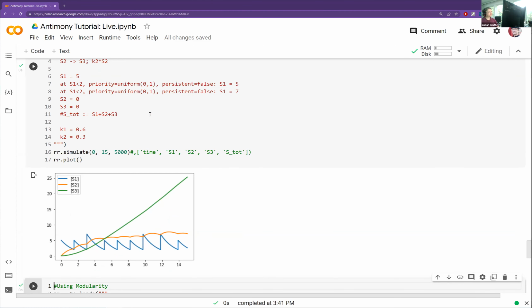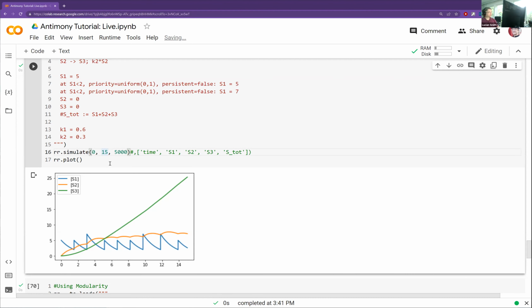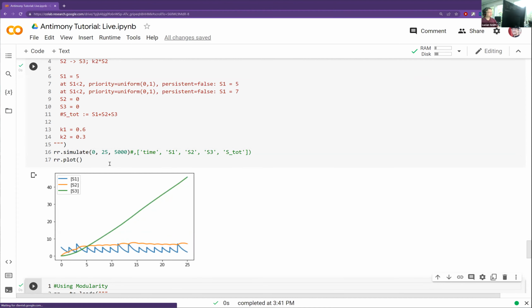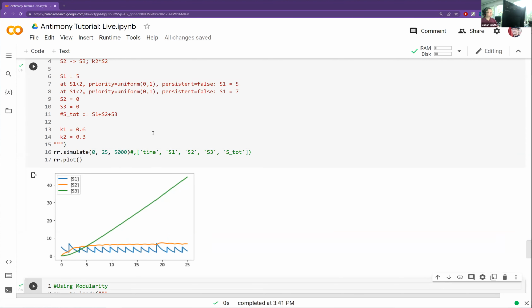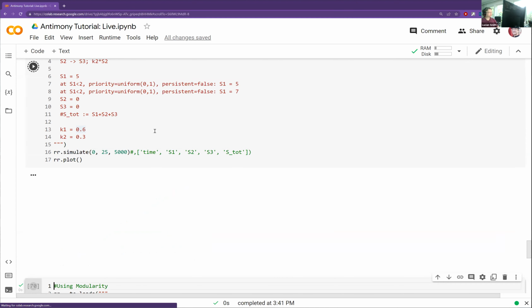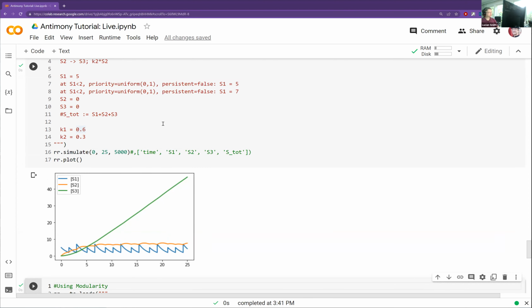And now you'll see it is indeed switching between the two of them. Let's change this to 25 to get a better sense of how often these things are firing. Sure looks like it's doing the 5s a lot more. There we go. It should be roughly even, but of course any given stochastic run will be kind of random. There we go. Now we're back in a reasonable set.